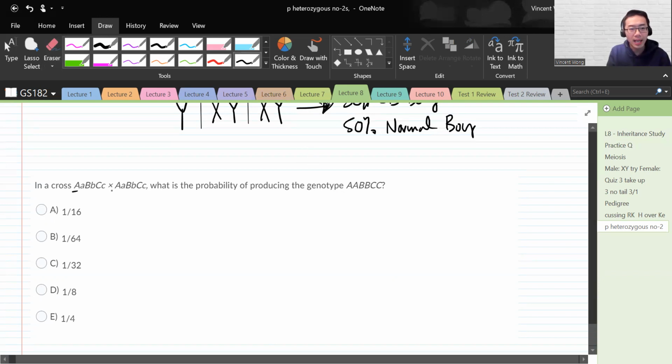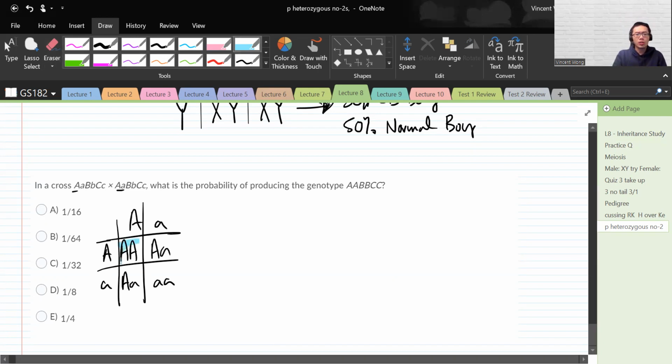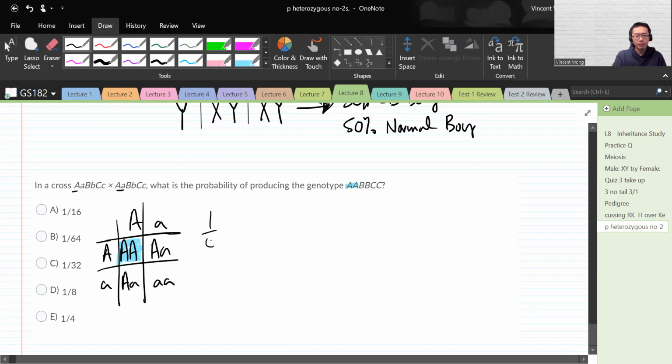So let's look at the A's individually. If I just do the A, then there's big A, big A. Hopefully you're comfortable with that now. So what's the chance of getting big A, like the question asked? That is going to be a quarter, 1 out of 4.